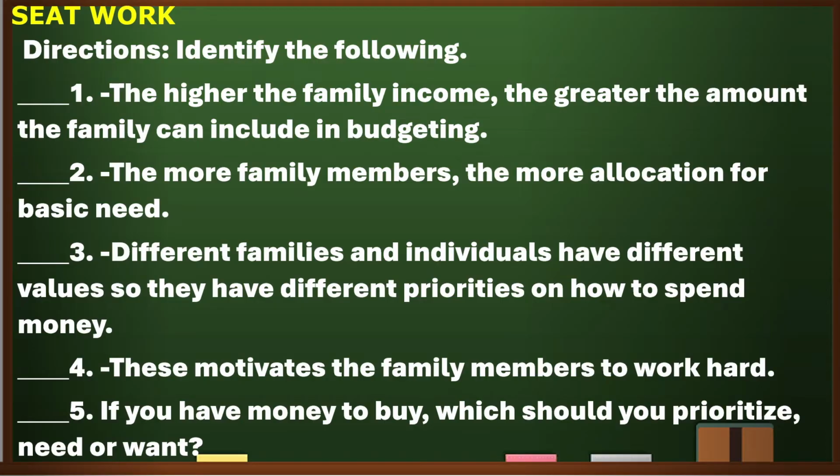Different families and individuals have different values, so they have different priorities on how to spend money. 4. This motivates the family members to work hard. And 5. If you have money to buy, which should you prioritize? Need or want? Very good.